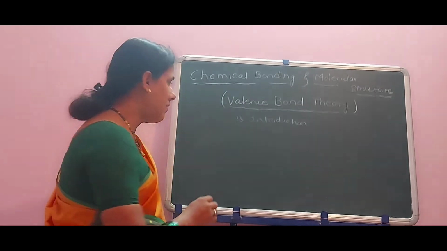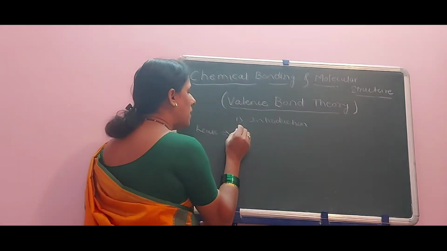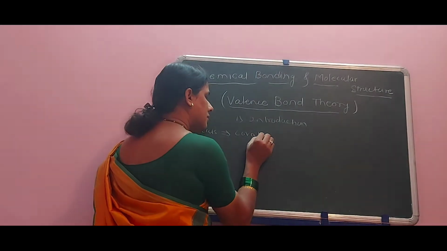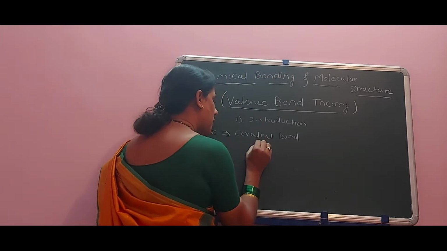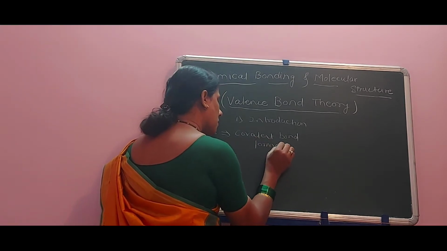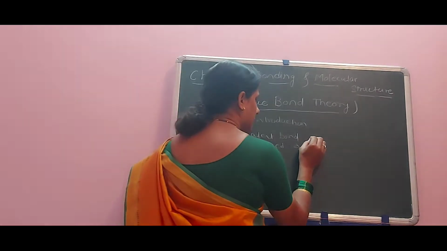According to the scientist Lewis, the covalent bond is formed by sharing of electrons.